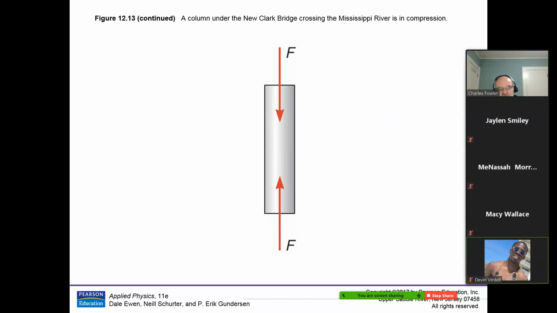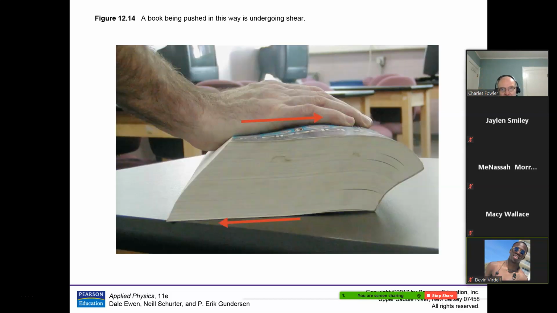That's a compressive force. Okay. This would be a shear force. You press at an angle, so the two forces are going in opposite directions but separated by some distance. That would be a shearing force, one that tends to create some stressing with it.